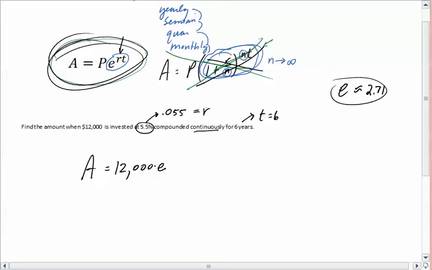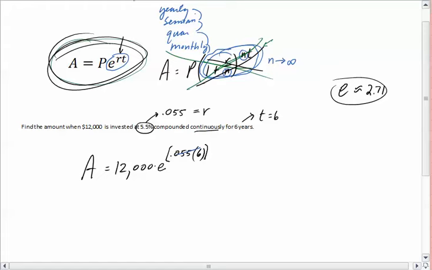So now the other variable, r, is 0.055, and then times the 6. So this is going to be turned into one number before I put it into my calculator. This is just the way I like to do it.